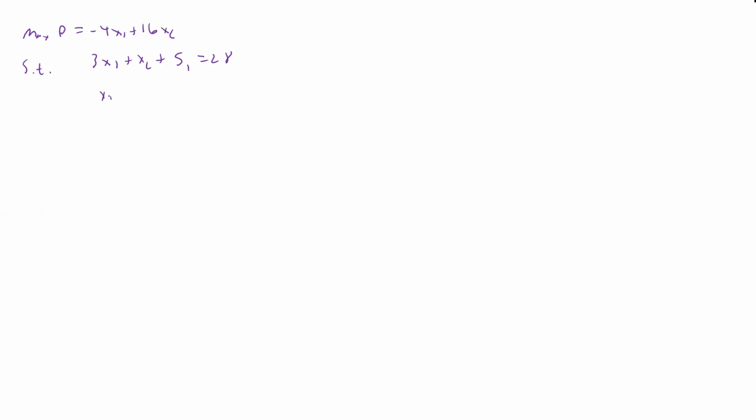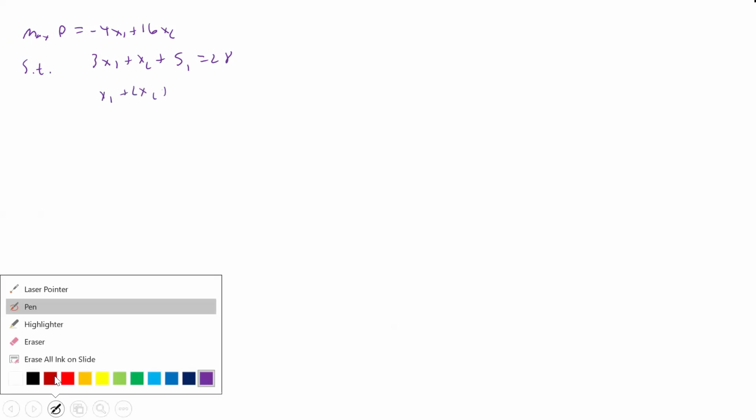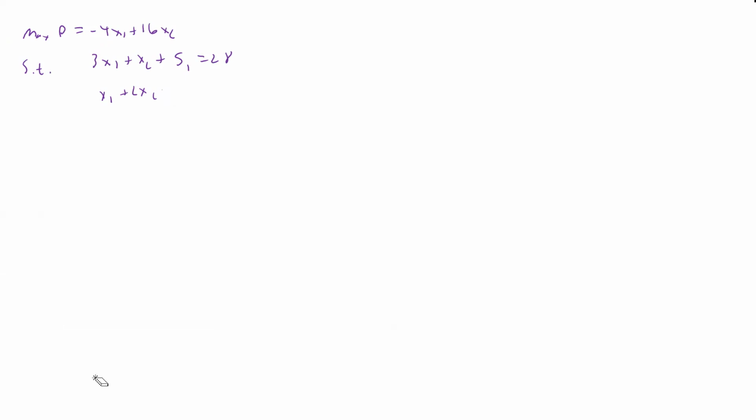We're going to do the same thing here, x1 plus 2x2 minus s2 for the surplus plus a1 equals 16. So we're going to have to subtract Ma1 here. And again, x1, x2, s1, s2, a1 are all greater than or equal to 0.